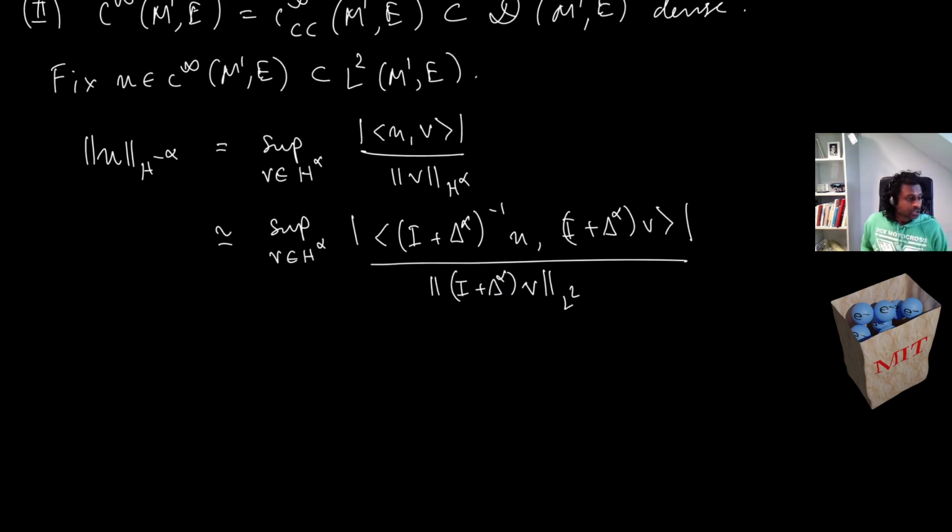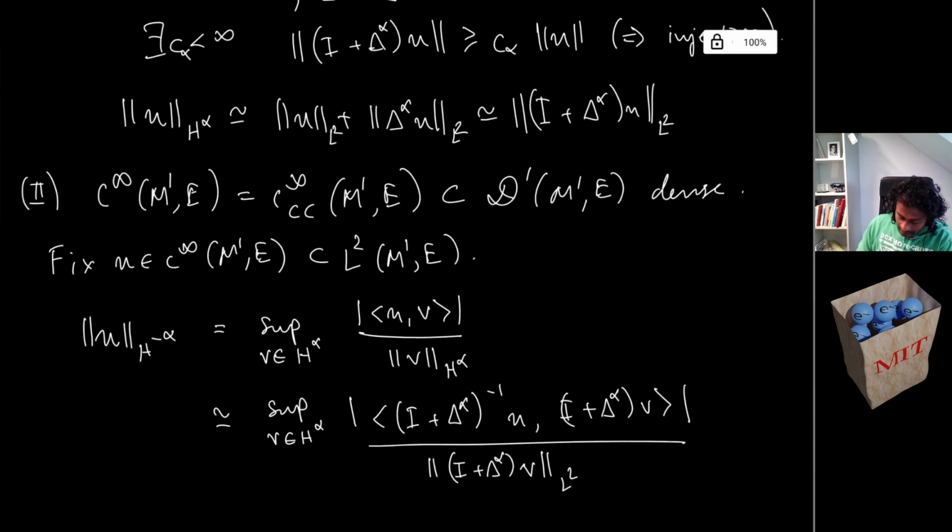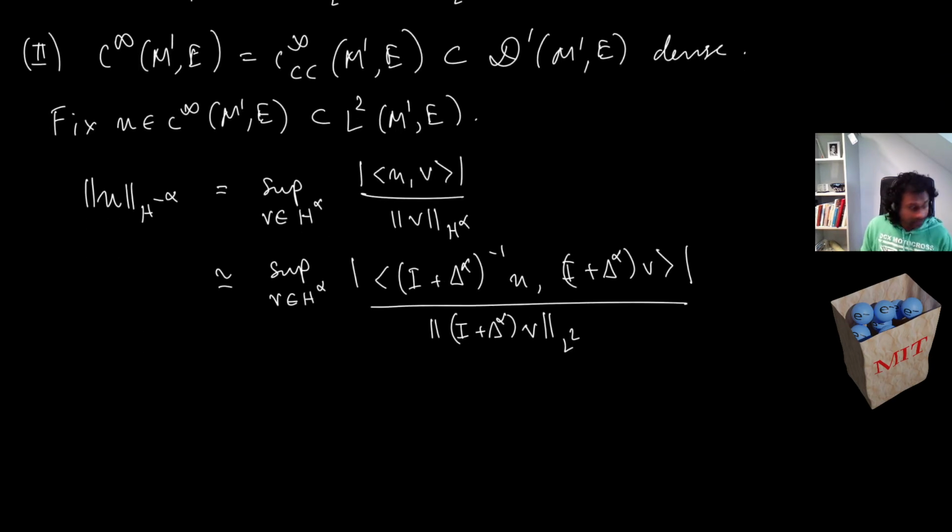Good. So now this operator is invertible, so I can consider its extension. So let me write w equals (1 plus Laplace to the alpha) v. So this is now an object in L2, right?